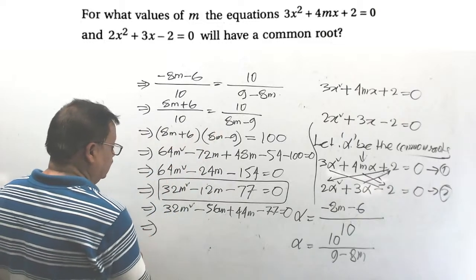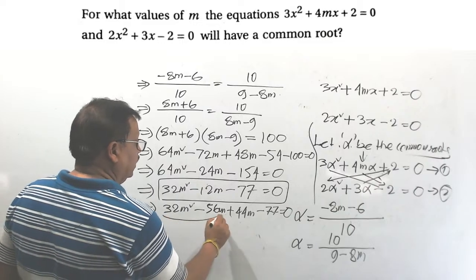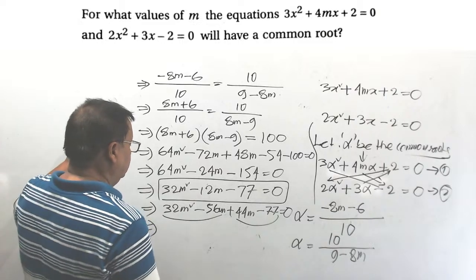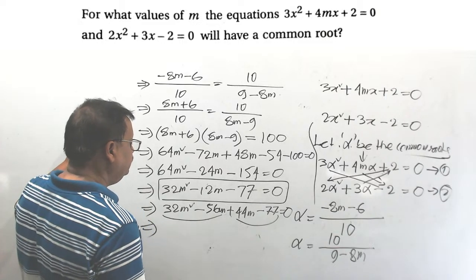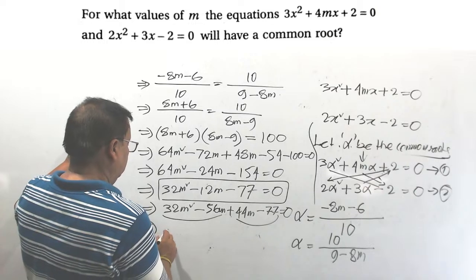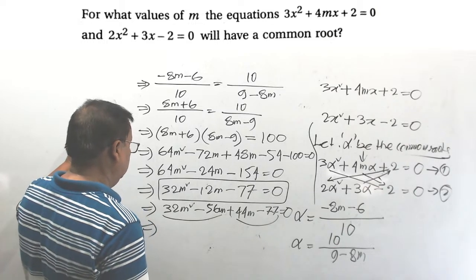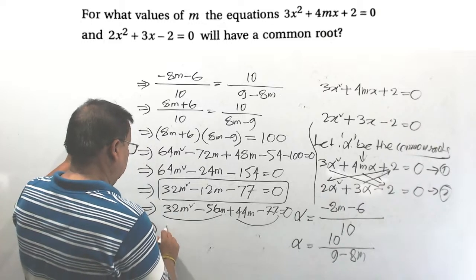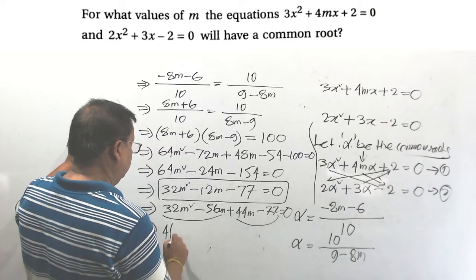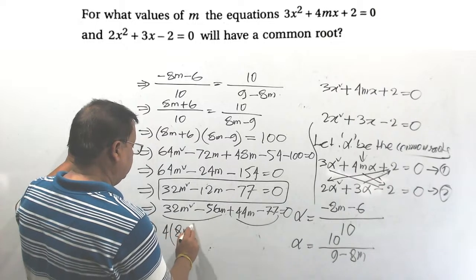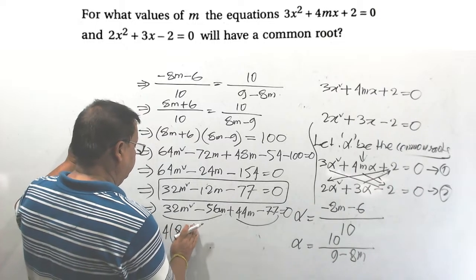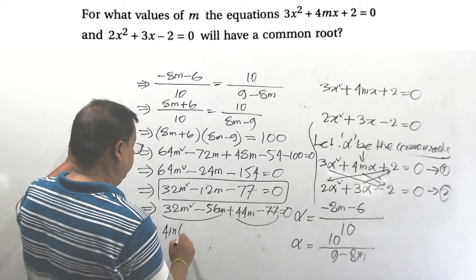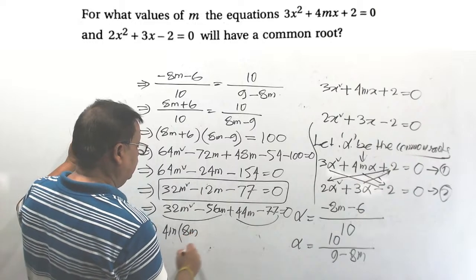This implies, take common what? 4. Take common for 8m. 4m. Take 4m. 8m. Understood?